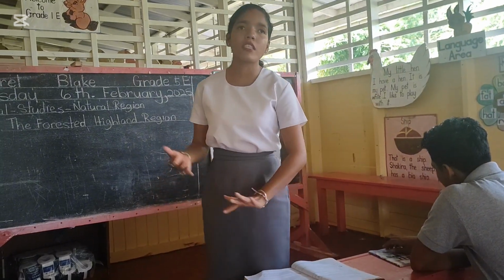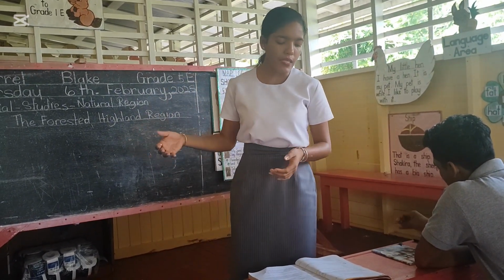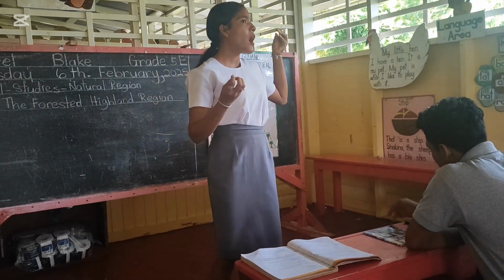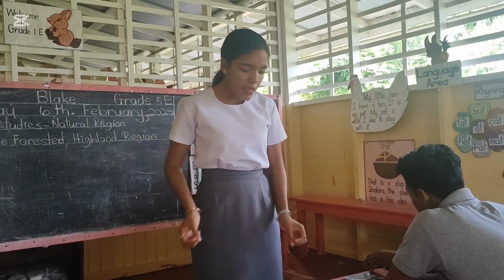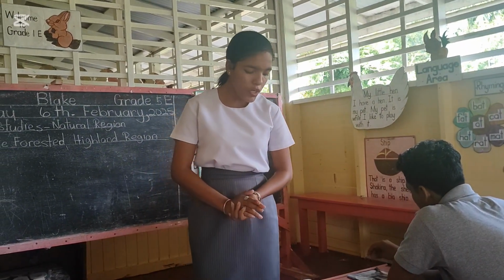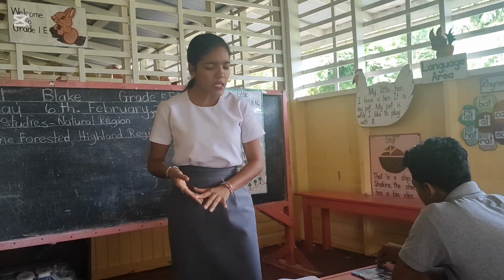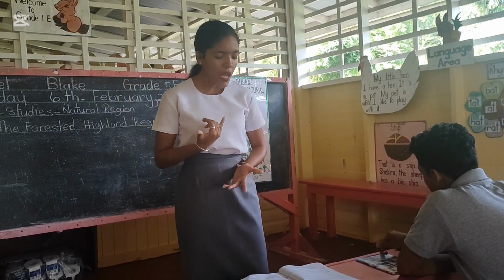Along with the indigenous people, there are public servants that live there. Example, teachers. These regions have a lot of teachers and a lot of upcoming young teachers that work there. We have the health sector workers and protective sector workers. The population lives in scattered villages. Example, Madia, Camarang, and Matthews Ridge.